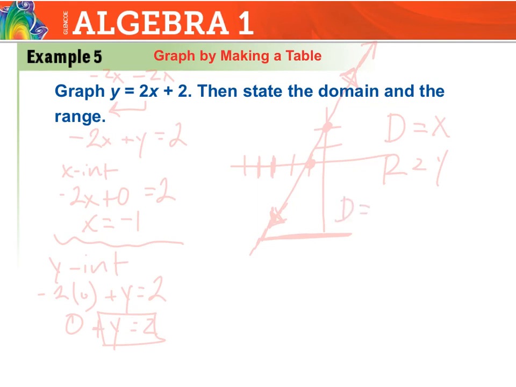So our domain, I'm going to use fancy compound inequality today. All right, so -infinity is where it goes, and then it goes all the way to, well, does our graph show positive 1 and 2 and 3 and 300 and 3 million and 3 billion? Of course it does.